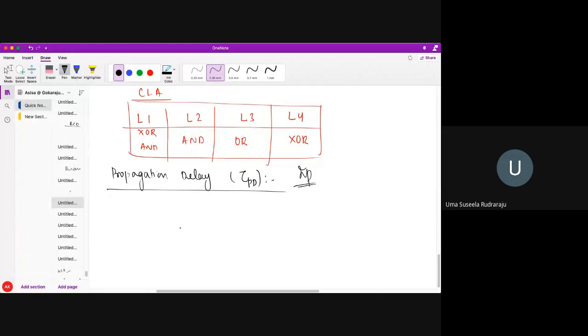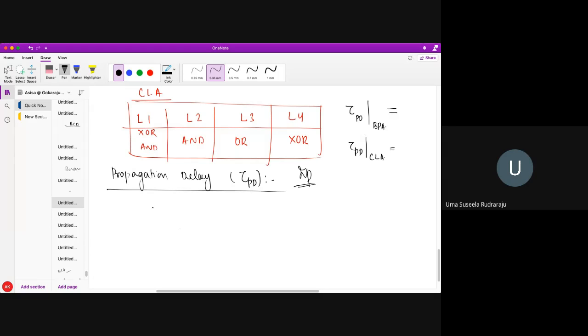Please try to understand what propagation delay is. Before I conclude which is faster, who is faster? If tau PD of RCA is less or tau PD of CLA is less. If anybody is higher, then I can say that it has a slower speed. So we'll see those things, and at the end we'll comment on it.